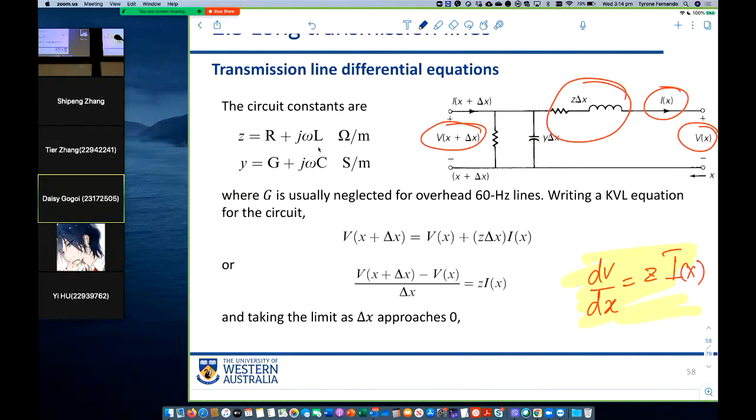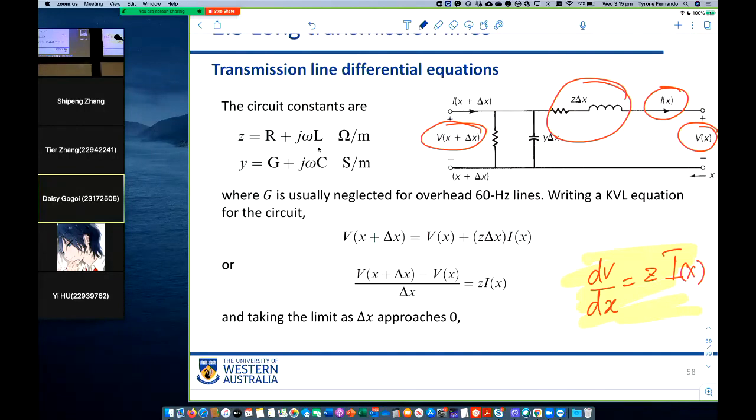Then you can take Vx in that equation to the left-hand side, so you have Vx plus delta x minus Vx. Delta x on the right-hand side you can bring across to the denominator on the left-hand side. So now you have Vx plus delta x minus Vx over delta x equals Zix. And we know that as the limit of delta x approaches 0, the left-hand side is simply dV dx.